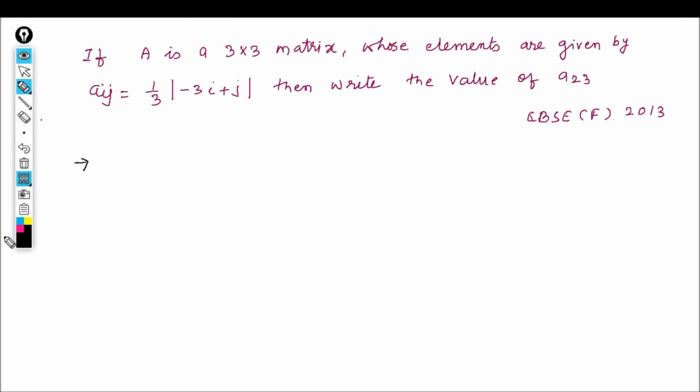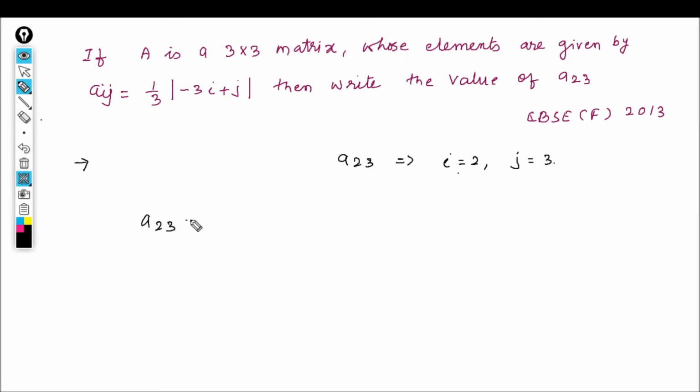So this is a given 3 by 3 matrix है बच्चों, whose elements are given by the general element दिया है, and write the value of a23. That means here a23 की वैल्यू निकालना है. This implies i is equal to 2 and j is equal to 3. So put values of i and j in this equation.